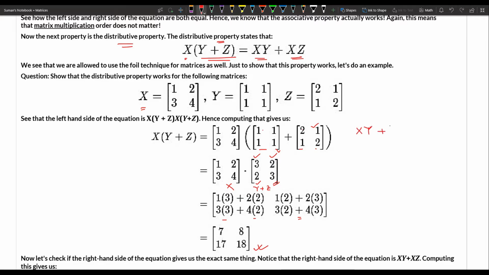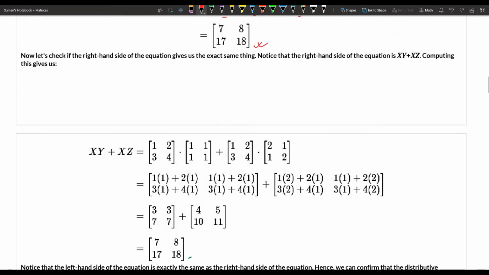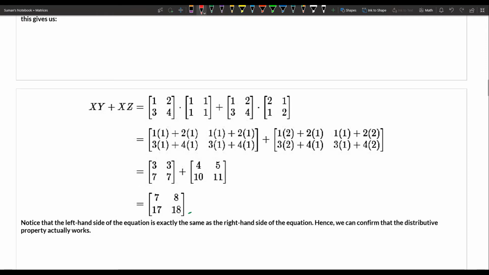So xy plus xz. Here xy means 1, 2, 3, 4 times 1, 1, 1, 1. After multiplication we are getting 1 plus 2, 1 plus 2, 3 plus 4, 3 plus 4. That is our xy, and that is our xz.